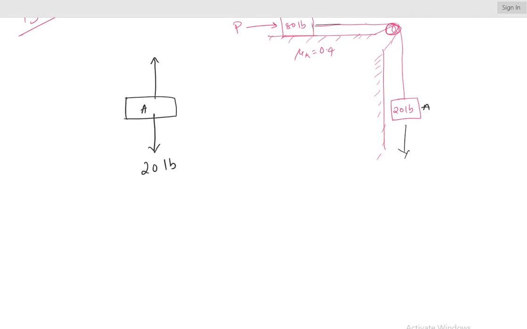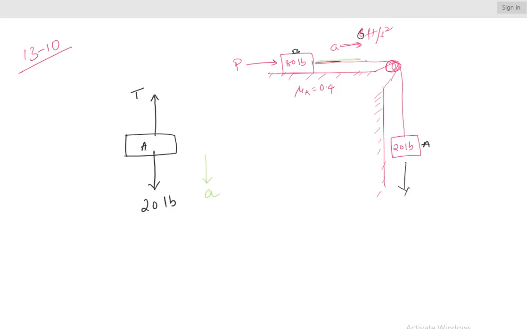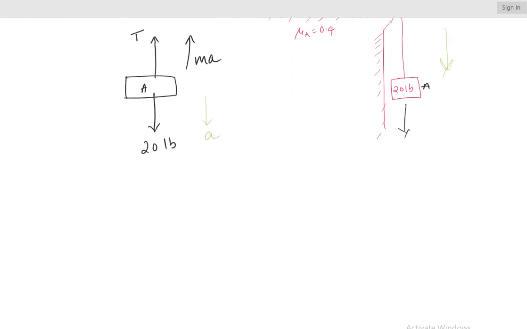The tension going away from the body is T. The acceleration of this one is going down, because the top one is moving towards the right. If the acceleration for this body is going down, then inertial force MA would be up, always opposite to the direction of acceleration, MA.